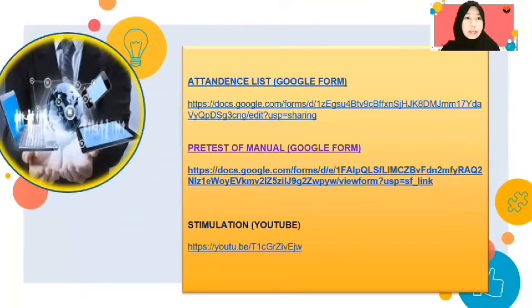Okay, here I also put the link of the example of attendance links in the form of Google Form and also pretest of manual in Google Form, and the first one, in the first activities, there is stimulation which shows application in the YouTube. Let's see the example.